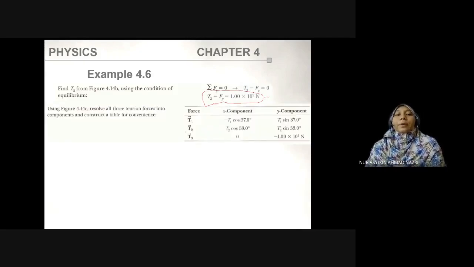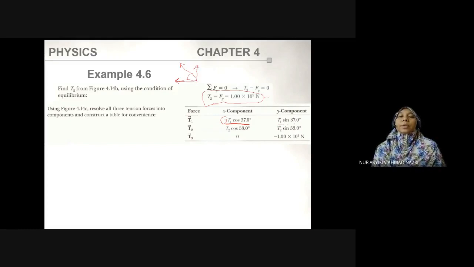Dah dapat. For T1 and T2, kita buat macam table untuk vektor kita. So T1, what you need to do is you need to resolve. Since your T1 is in this direction, this is the angle. So here your component X akan negatif lah sebab to the left. And then T1 going up, no problem, dia akan dapat positif. So T1 sin 37. T2 is in this direction, then no problem juga.